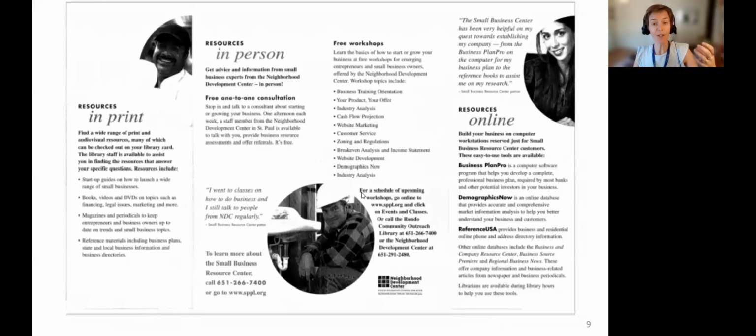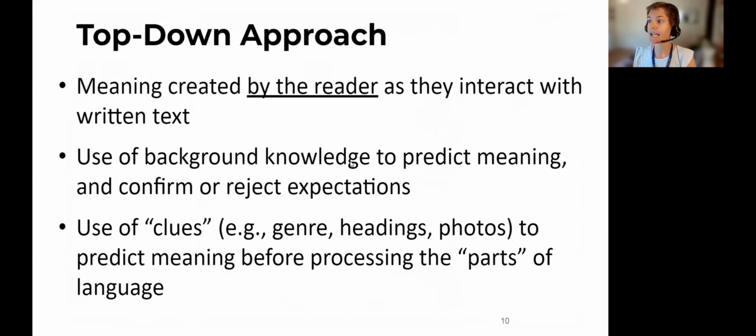So without understanding any of the words on the brochure, except for the ones in English, we were able to get enough meaning from it to be able to answer these comprehension questions. This is an example of a top-down approach, which holds that meaning is created by the reader as they interact with the text.